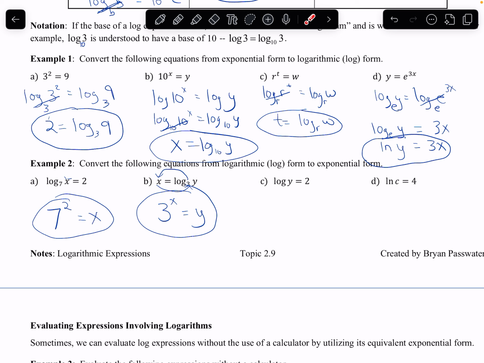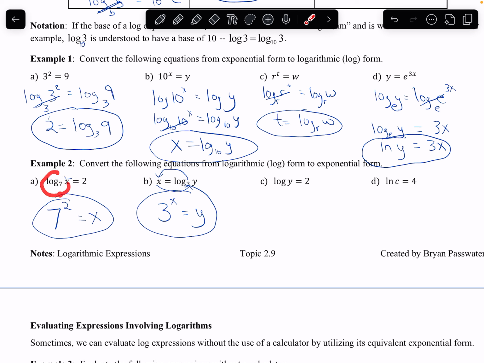Do notice that a logarithm is always equal to a power. Because the logarithm, this side, is saying, what power do I raise this to get this?